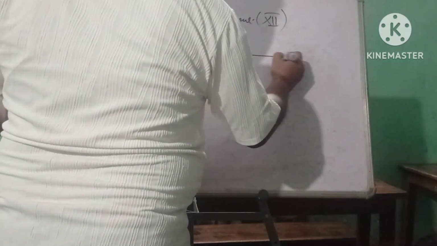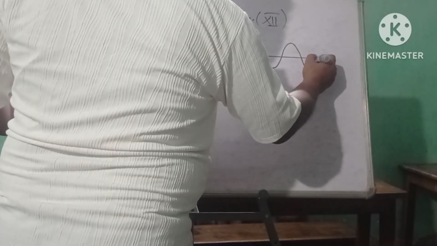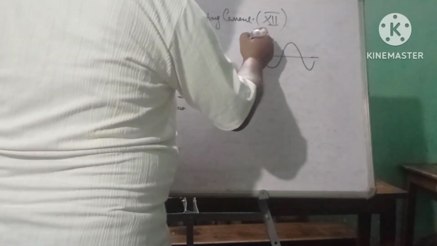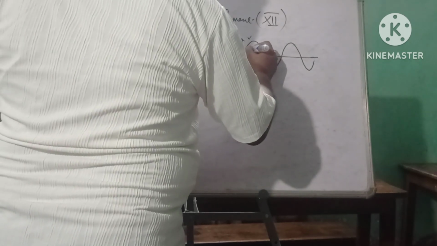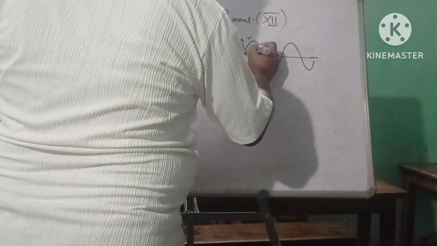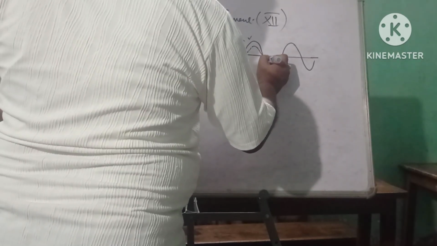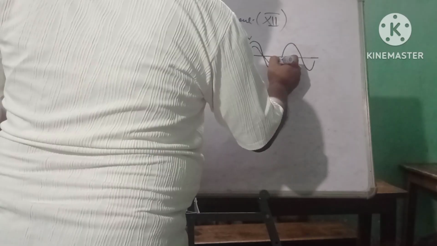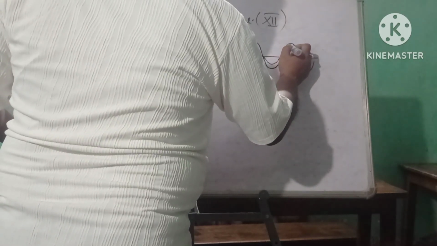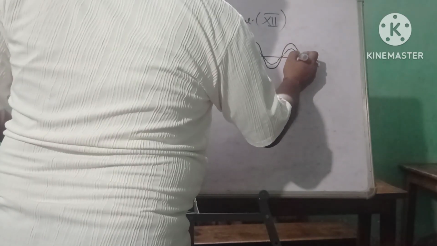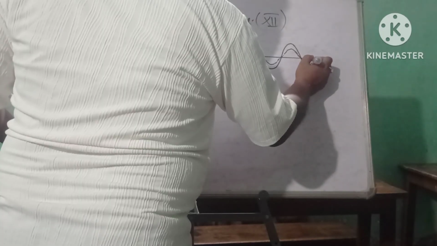The graph will be this, this is for V, and for I it will be this, because they are in the same phase. This is for I.